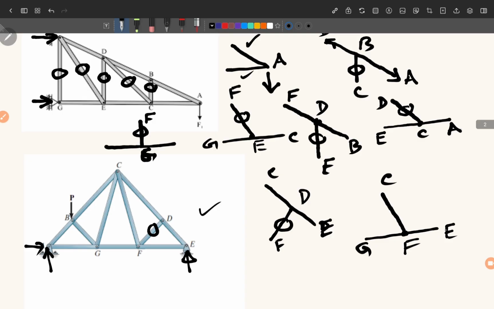So EF and FG are in a straight line. Therefore the third force CF will be equal to 0. Right? Once CF is 0, EF and FG will be equal and opposite. Similarly, DE and CD will be equal and opposite.